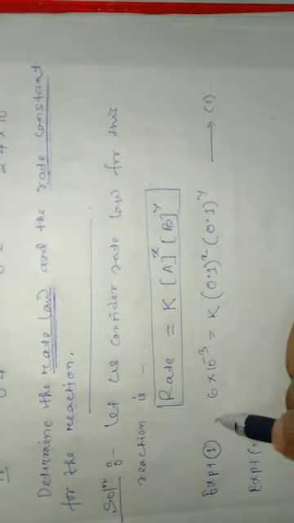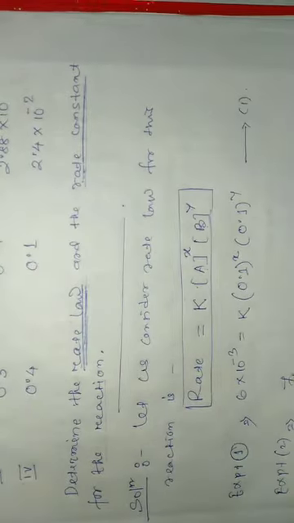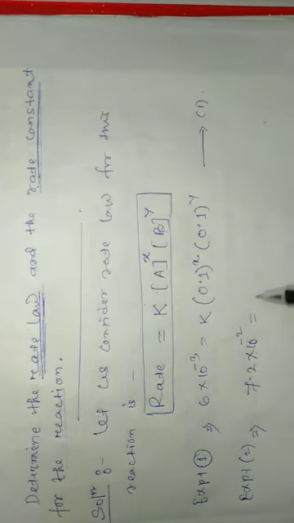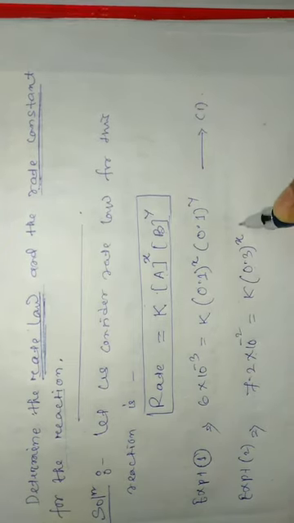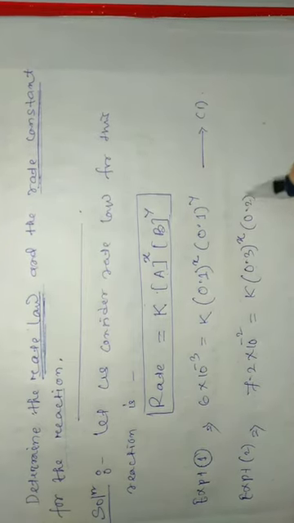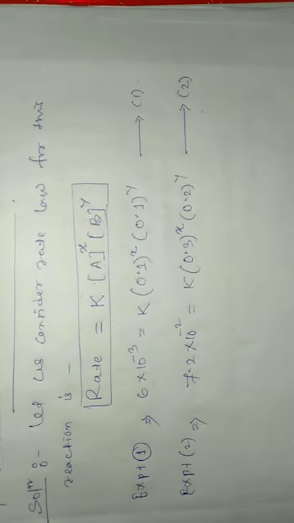Similarly, applying the rate expression to experiment 2, the rate is 7.2 into 10 to the power minus 2 equal to K into concentration of A, which is 0.3 to the power X, concentration of B is 0.2 to the power Y. Let us consider this is equation number 2.